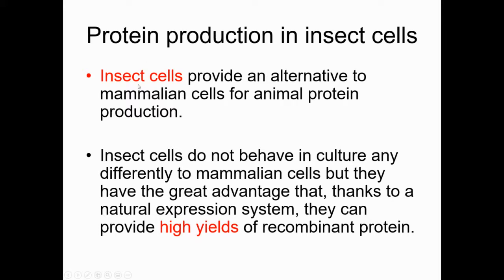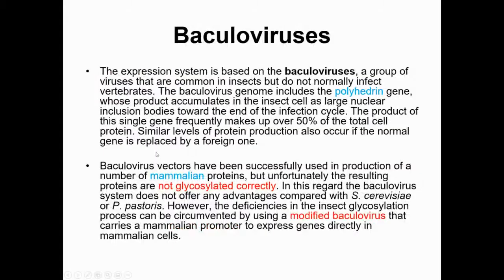That's an alternative to the mammalian cell for animal protein production. And the insect cell right now is very popular as well, okay? Because they have a high yield of the recombinant protein. And the expression system basically is based on a virus, okay?